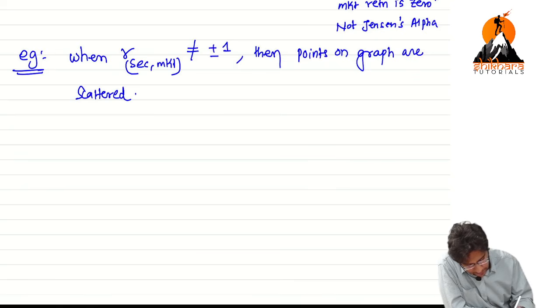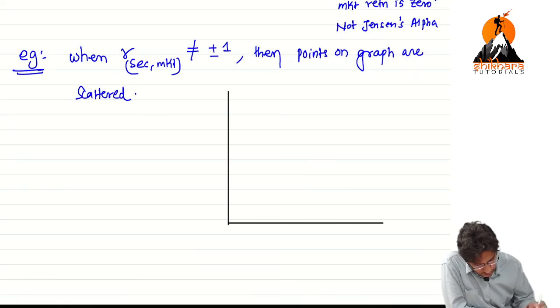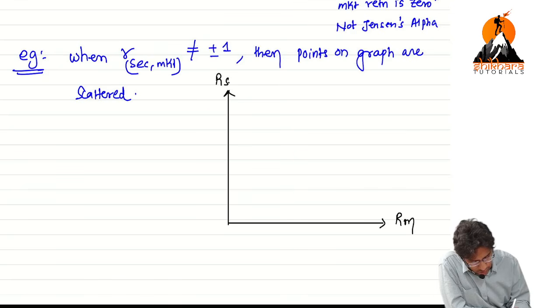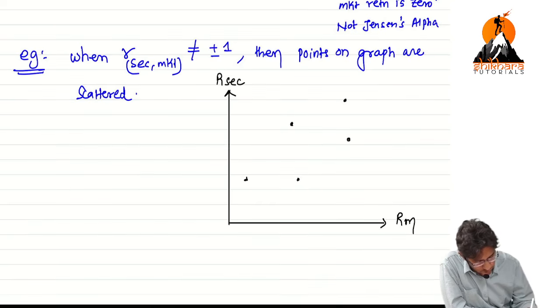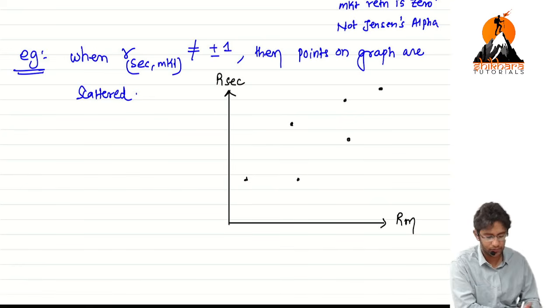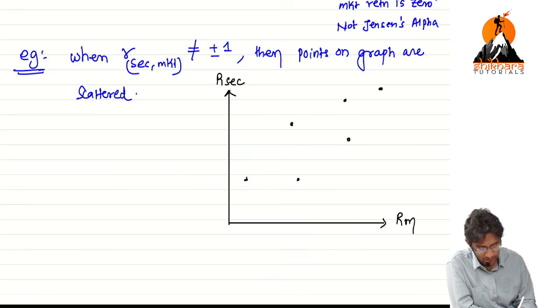So let's say this is RM on the x-axis, this is return of security on the y-axis. My points are like this, scattered like this, sir.